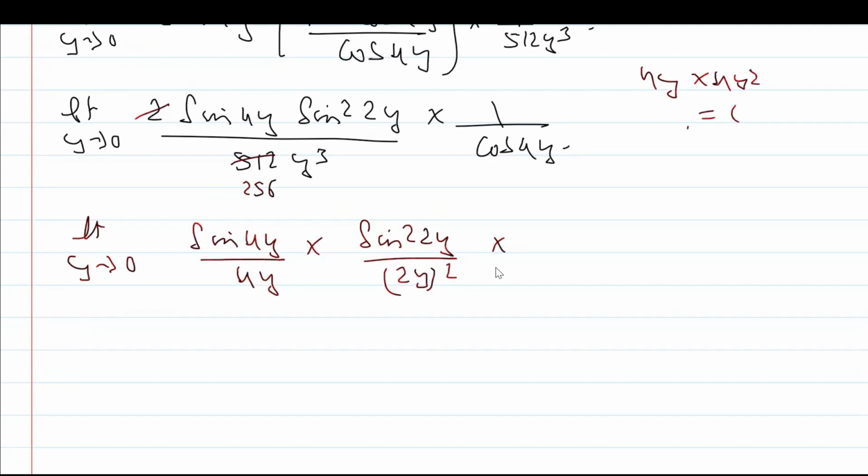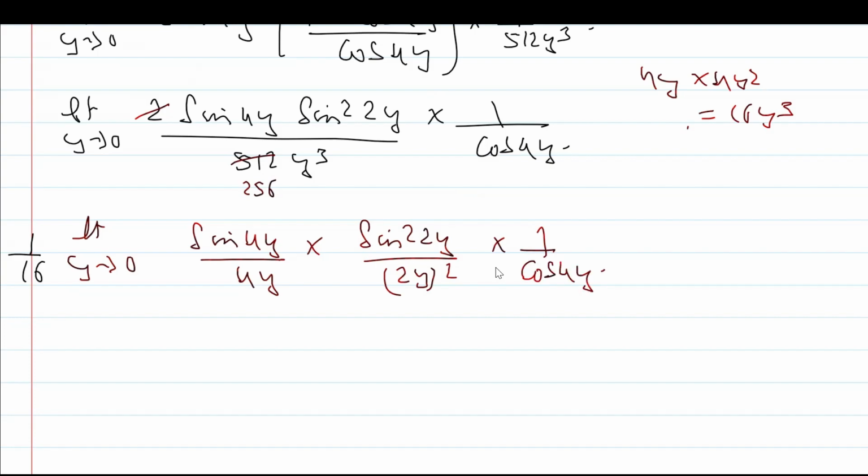So that is 16y cube. So we have taken 16y cube from here, which means y cube is taken, and from 256 we have taken 16. So we are left with 16 in the denominator. So I'll write 1 over 16 outside. And then the remaining part over here, which is 1 over cos 4y.